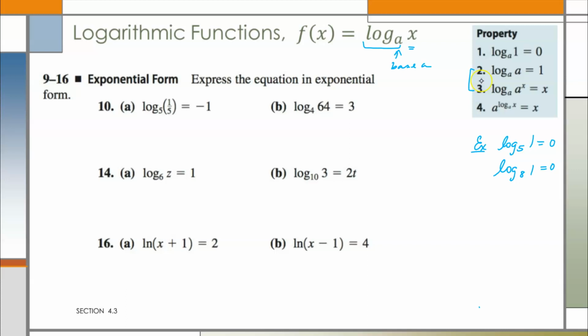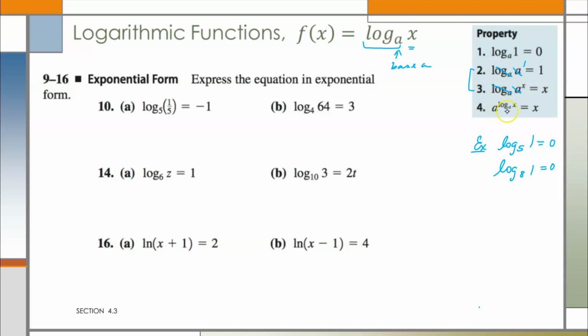So in the case of property number 2, this is log base A, this is exponential A to the first. Since they're inverses, they cancel out, and I just get 1. Log base A of A to the x, these are inverses, they undo one another, so we're left with x.